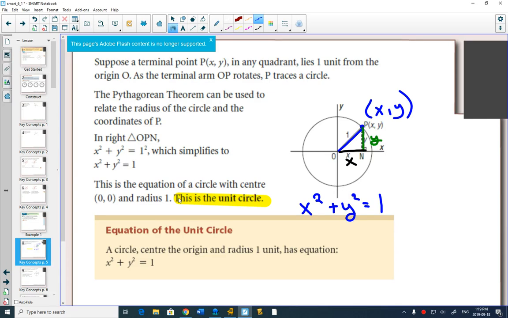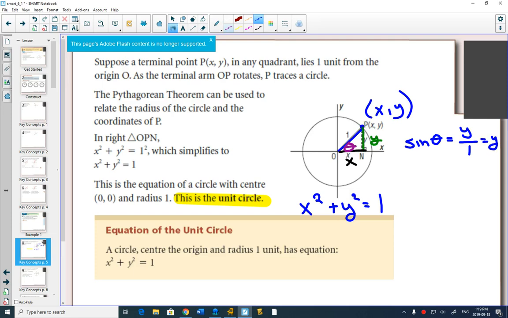So if we labeled an angle in here, there's our angle theta, we could say that sine of theta is the opposite over the hypotenuse. Well, what's the length of my opposite side? Y. What's my hypotenuse? 1. So I could write y over 1. Can you see that that just simplifies to just y?